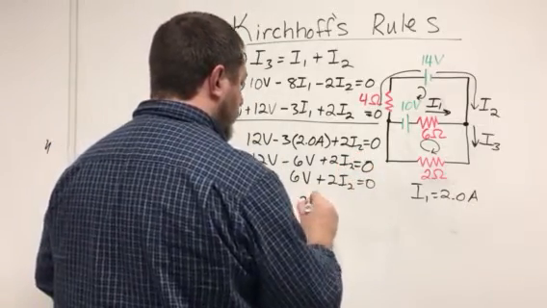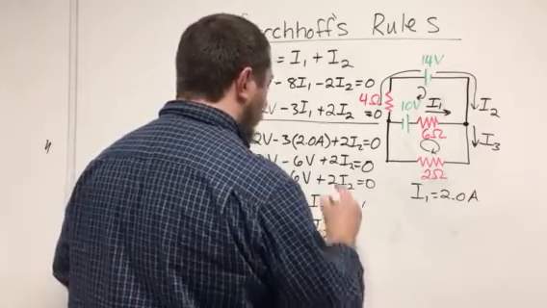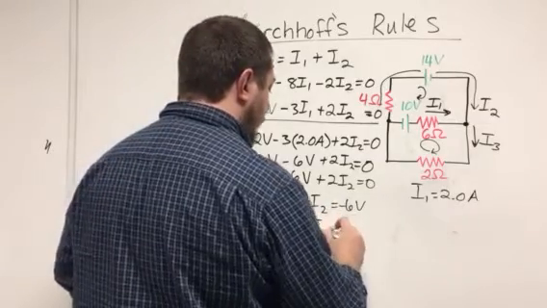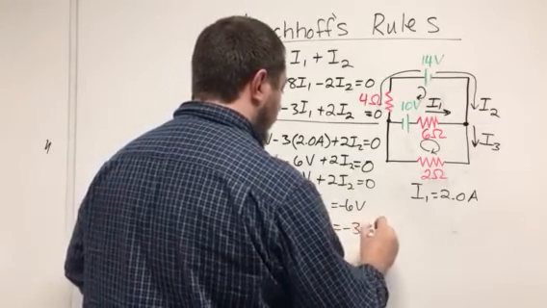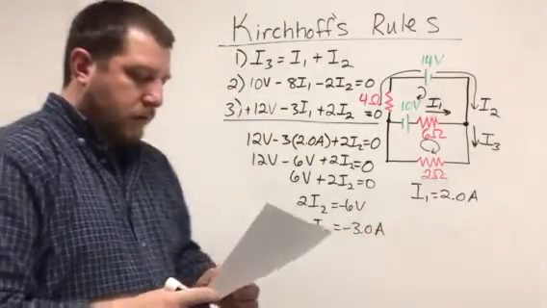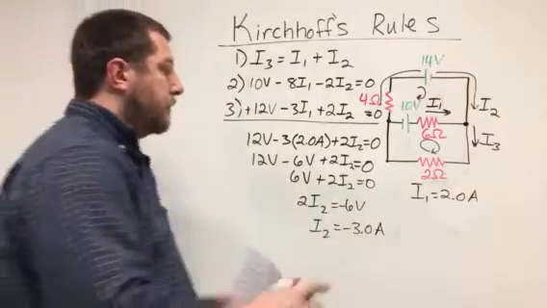And therefore 2I2 is equal to negative 6 volts, and I2 is equal to negative 3 amps. All right? So we get negative 3 amps for I2.